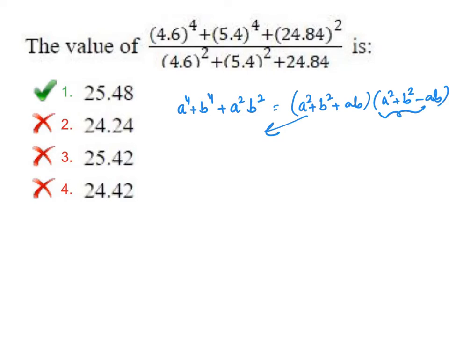Let me write a square plus b square minus ab as a minus b whole square plus ab. So a minus b whole square means you have a minus b. I can take a 5.4 minus 4.6, that is 0.8, that is 0.64. We have ab value as 24.84. Add it, 25.48.